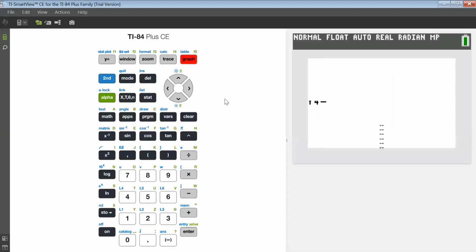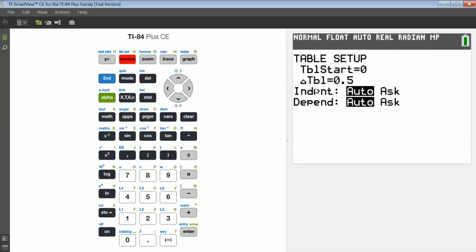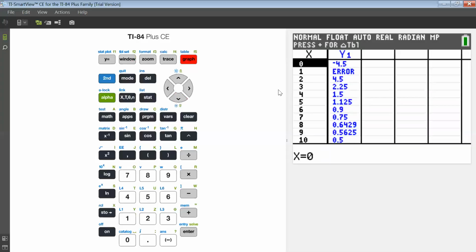If I graph it, that's what this rational expression would look like if it was an equation. If I go to second graph, I'm looking at my table of data, and I'm seeing that there's an error. This error is at 1. If I go to my table set and start the table at 1, increase by 1, I look at all of my values and I get an error at 1. What does that mean?